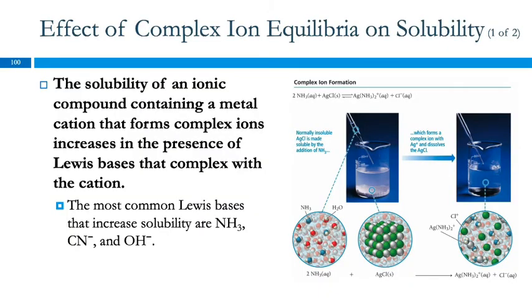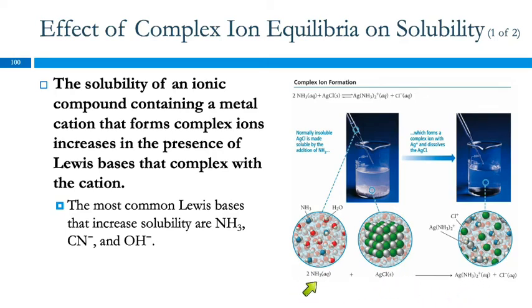Complex ions are going to have an effect on solubility. So the solubility of an ionic compound that has a metal cation that will form complex ions, that solubility will increase in the presence of Lewis bases that will complex that ion. So we just talked about how silver and ammonia form a complex ion.